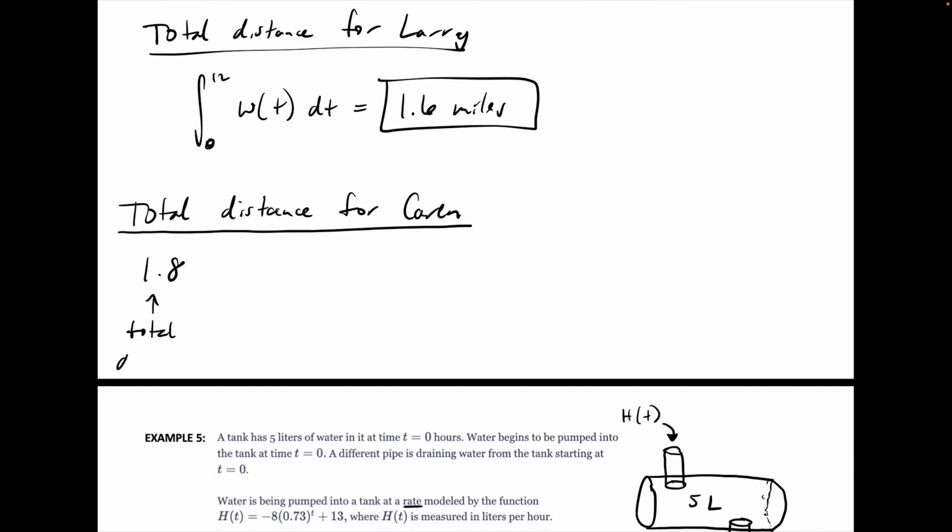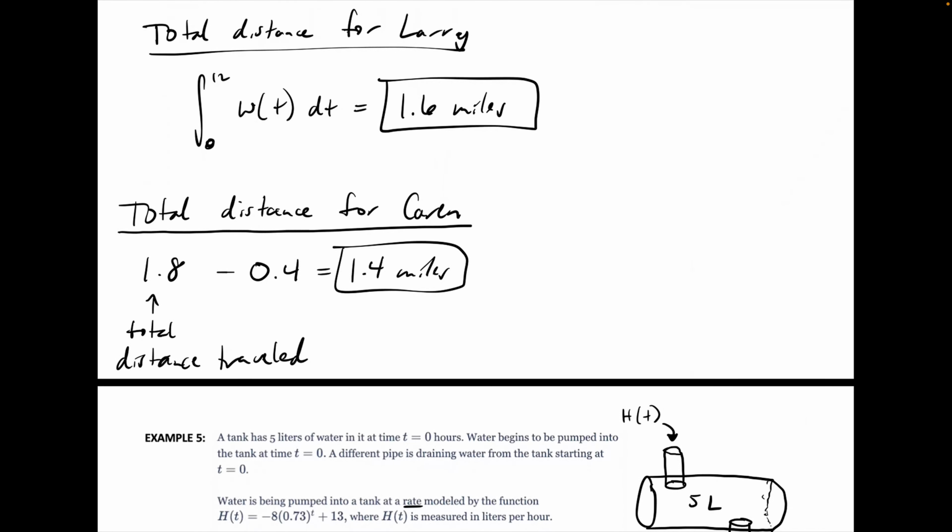Total distance traveled minus 0.4 equals 1.4 miles, right? So judging by that, Karen lives closer.